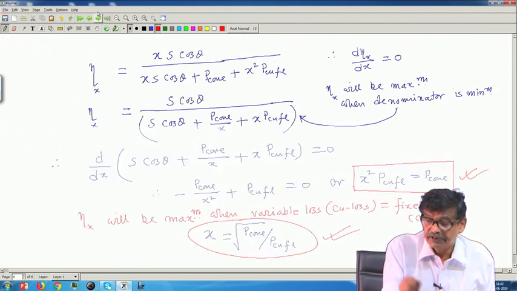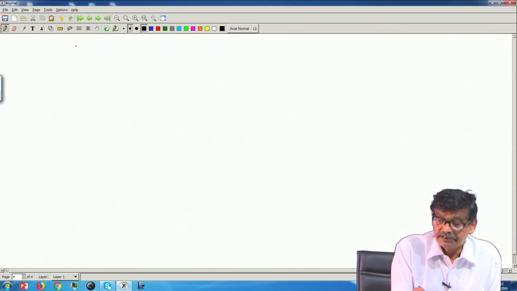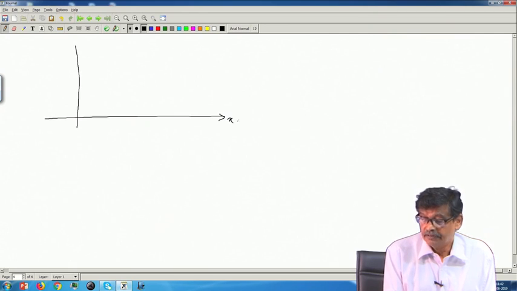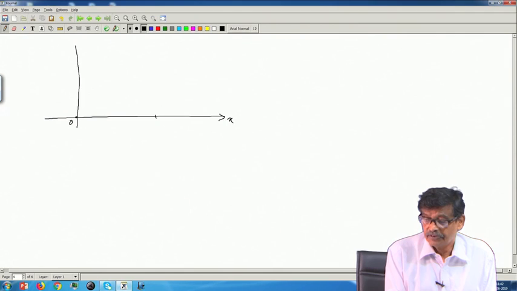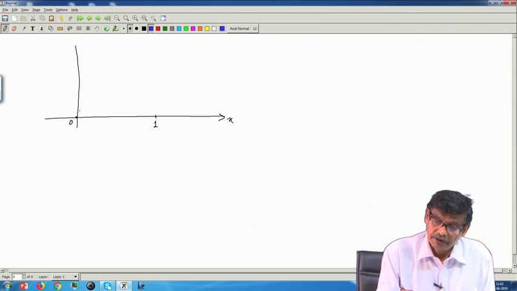If I go to the next page, as I was telling, the efficiency versus degree of loading curve, it is 0 here, degree of loading is 1, then the efficiency curve will be somewhat like this, it then decreases.